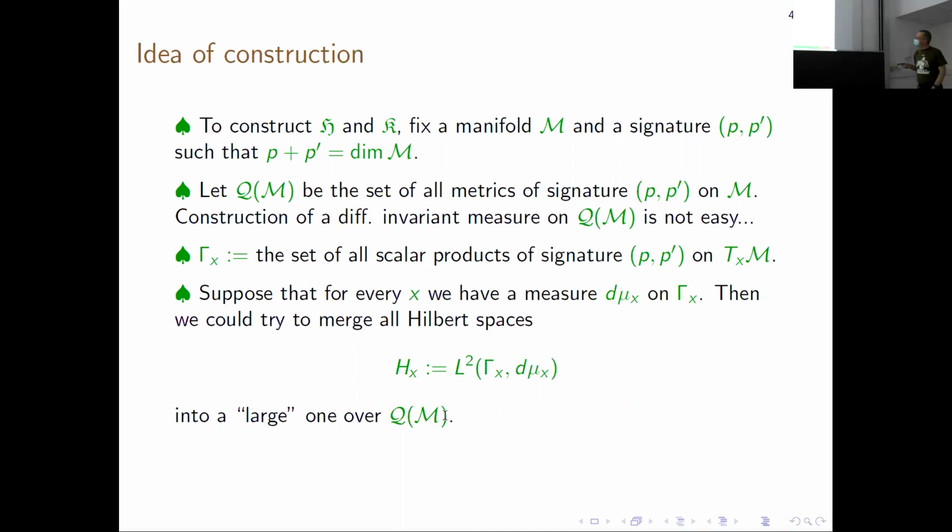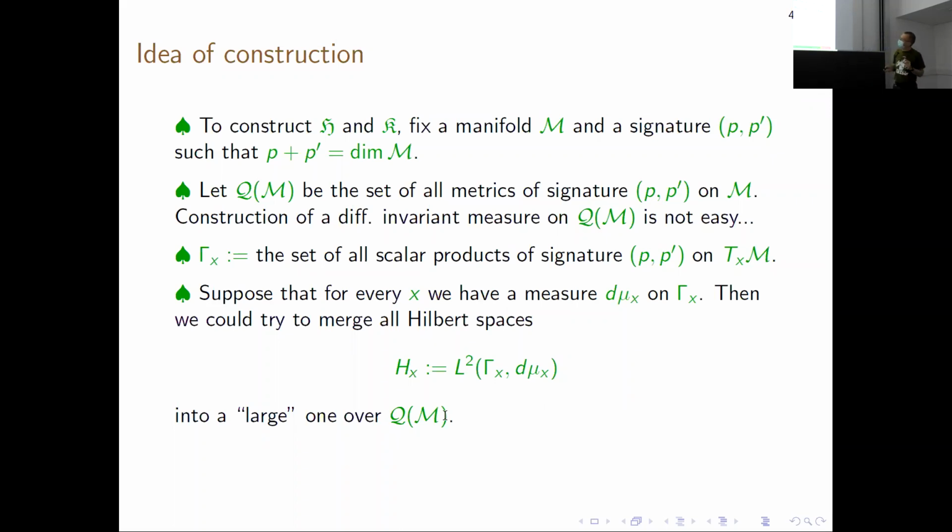Now, using this measure for every x, we can define such a simple Hilbert space over this set, and then we can try to merge all such Hilbert spaces into a large Hilbert space over this set of metrics.